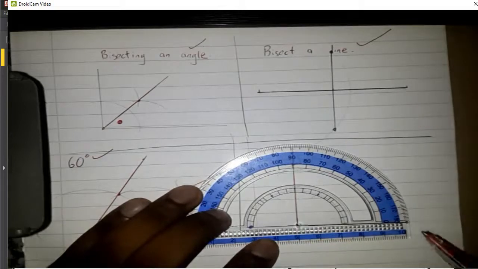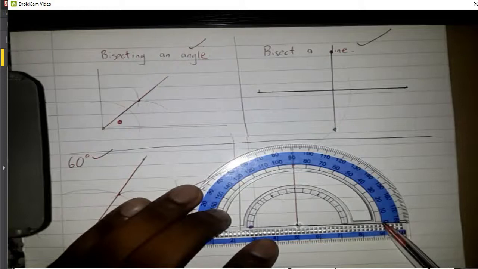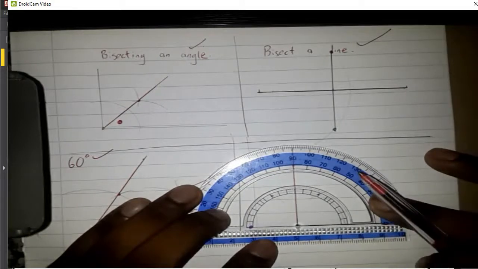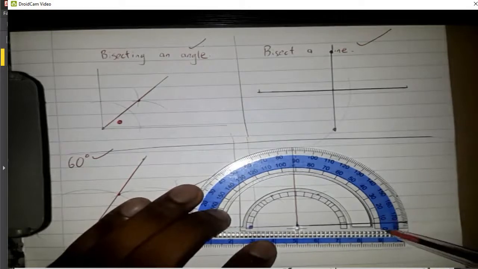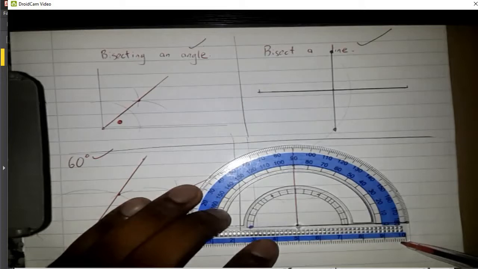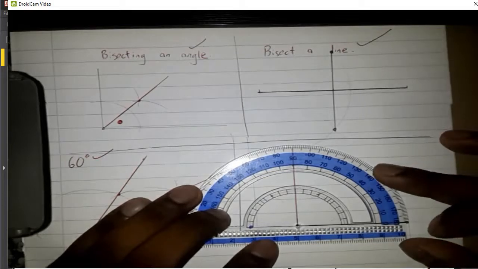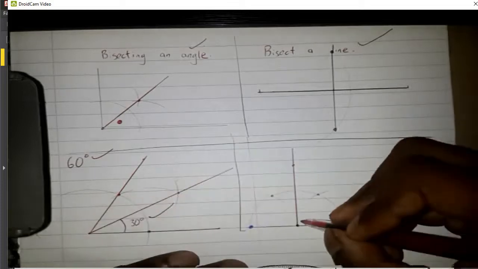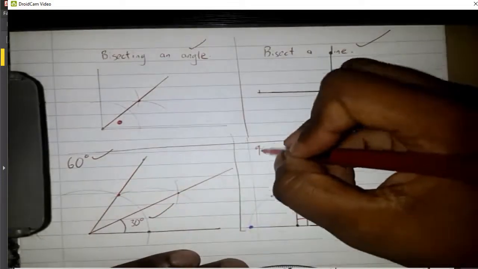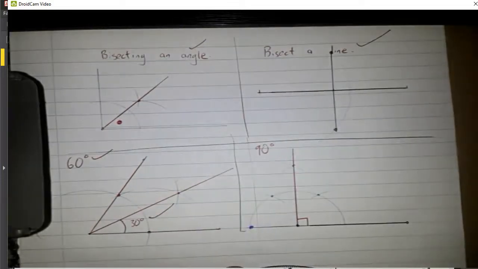Can you see that now I'm not exactly at 0 degrees? I need to be on the line there. This 0 needs to be on your line there. And can we see that this here is a 90 degree line? This is your 90 degree line, right?